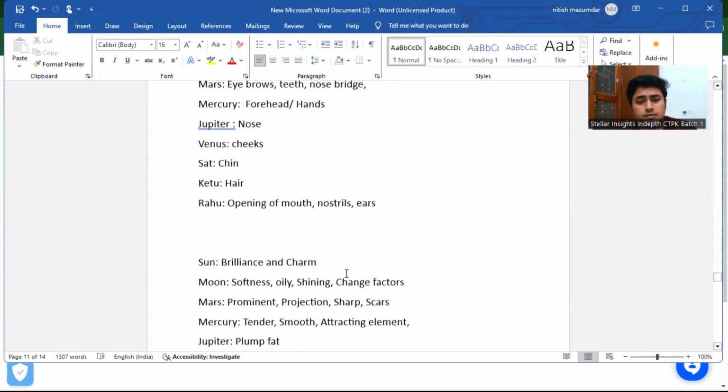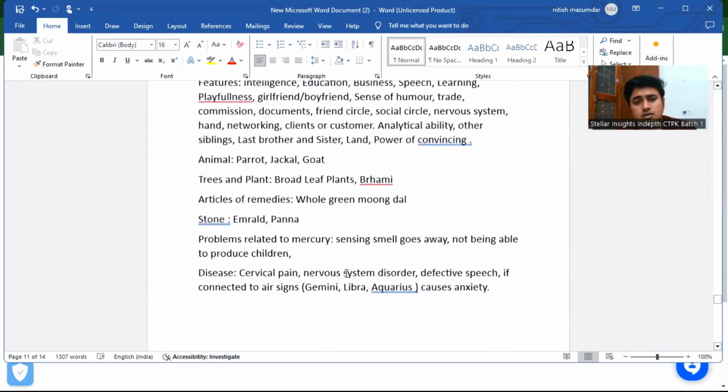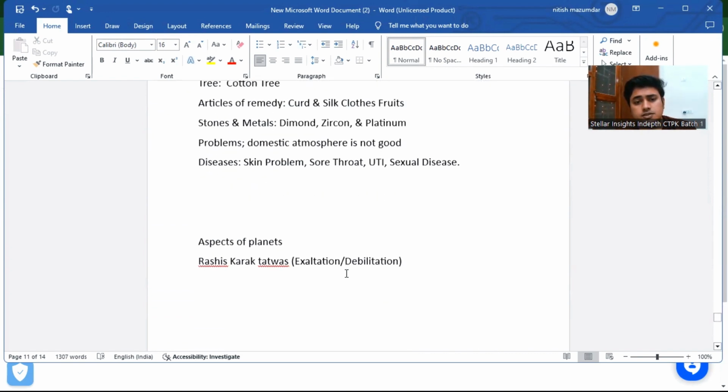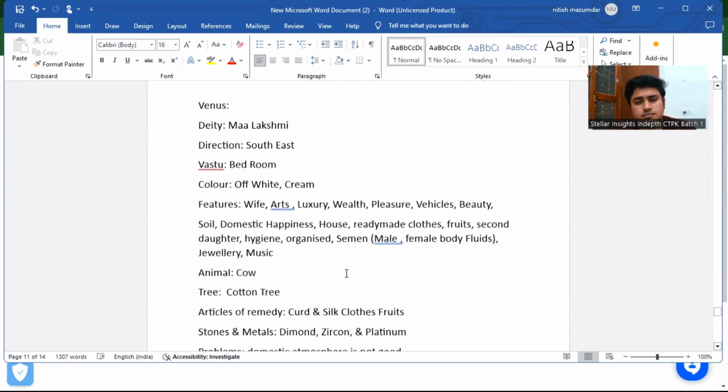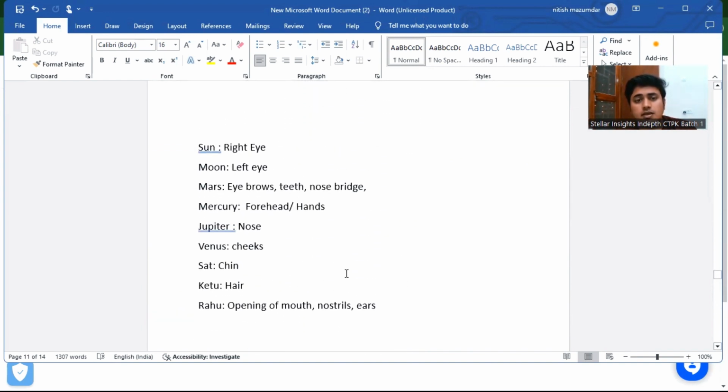Any doubts you have from the previous class? So we have completed Karak Tatwa of Venus, everything in it. Like we predicted this about the face, and the education question was left in between. I have given an example, education.